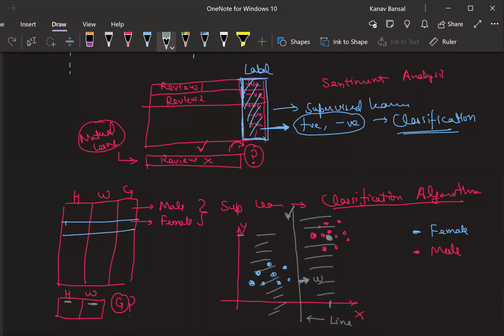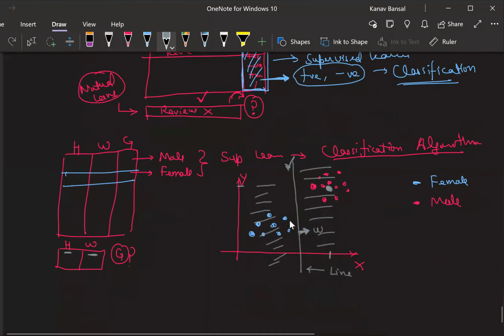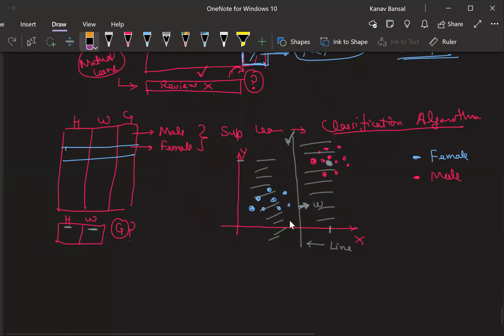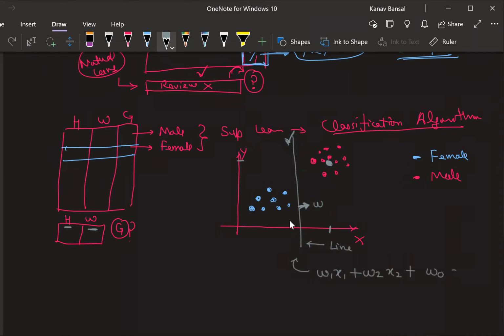Now, didn't we cover all these topics? I think we have already covered all these topics, right? We have covered what is a line, what is the equation of a line. The gray colored line that you see in front of you, we know the equation of this line can be written like this, right? W1 x1 plus W2 x2 plus W0 equal to 0.